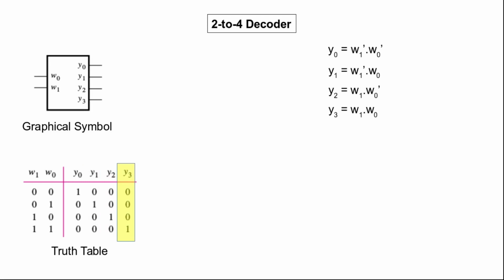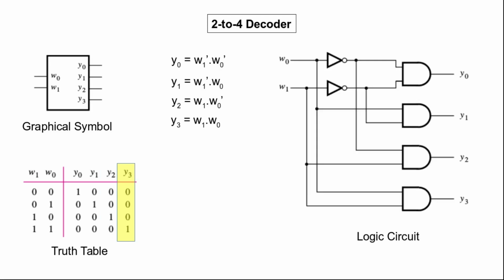Now with these Boolean expressions decided for each of the four outputs, we can now build the logic circuit, and here is the logic circuit for the corresponding Boolean expressions.